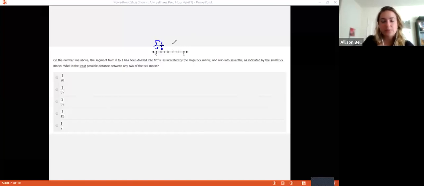So it's definitely going to be most effective for you if you are able to calculate the distance between all of them. And the most efficient way to do that is to write out a list of what each of these tick marks represents so that you have them down in order. So that's supposed to be a 7.